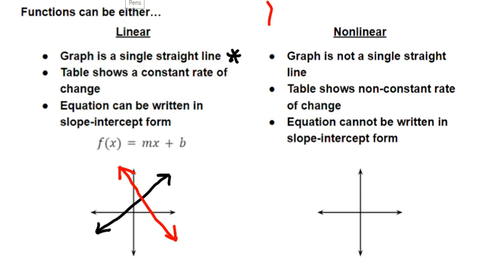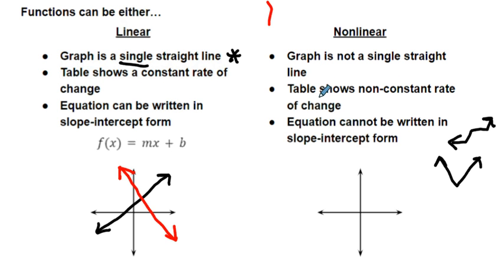So the graph is not a single straight line. Even if you have something like an absolute value function, which gives you a V made up of two straight lines, or a piecewise function that looks like this, even though it's made up of straight lines, it's not a single straight line, right? So that word single is really important.